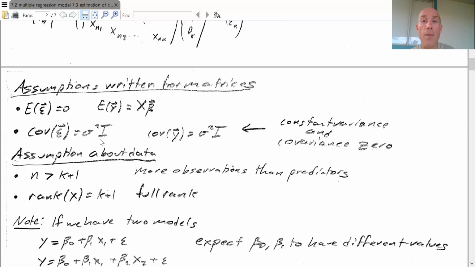Well, that's going to be a diagonal matrix with the same values along the diagonal. All right, well, what's that going to be? That's going to be that variance parameter, sigma squared, times the identity matrix. So here, the diagonal tells me that we have constant variance with respect to x. And then the zeros off the diagonal on the identity tell me that we have covariance equal to 0. So both assumptions, 2 and 3, are getting slapped into this one line put together.